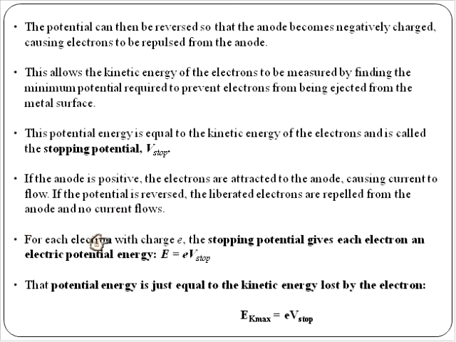For each electron, where e is the charge on an electron, the electric potential energy would equal eV, and you may remember that from Unit 2 of the course. So the energy required to stop these electrons is equal to e, the charge on an electron, times V stop, the stopping potential. That formula is a very important one.